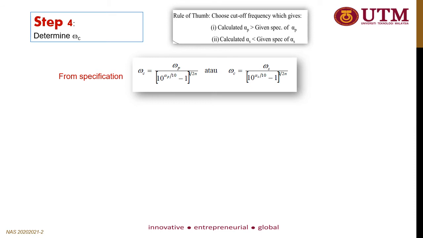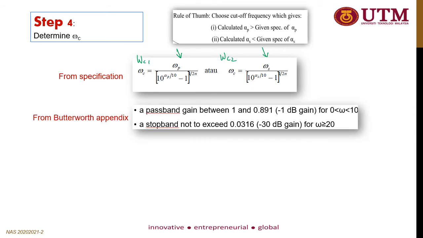The first one using the passband information, and the other one using the stopband information. We call this one omega c1 and this one omega c2. Then you need to have the filter requirements in hand, so that you can compare the values with the specification.